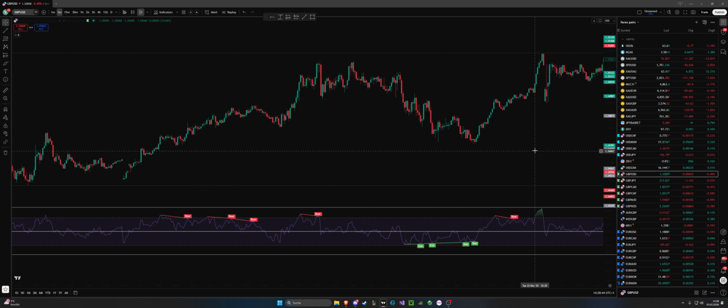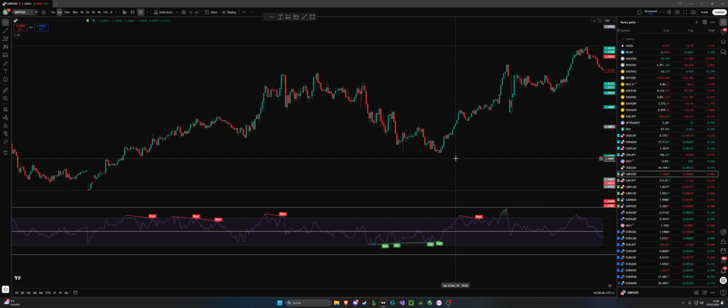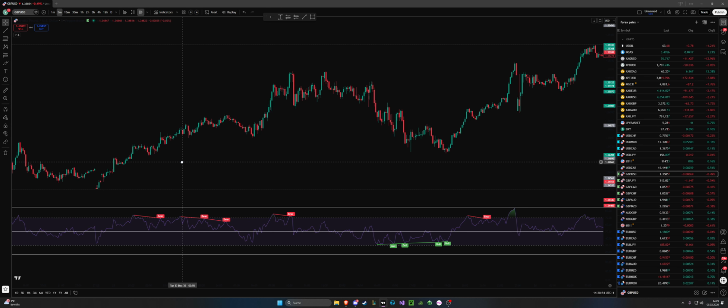That can work, but it doesn't really work in reality, because the RSI can be overbought and price just keeps going up. For example, over here, RSI is overbought, price still goes higher, and RSI is overbought again, but price still keeps going higher. So simply using the RSI for overbought or oversold doesn't make sense. That's not how you use the indicator.